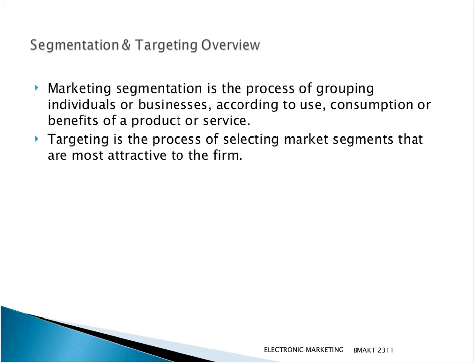So let's talk about segmentation and targeting overview more and see what's going on. Marketing segmentation is the process of grouping individual businesses according to use, consumption, or benefits of a product or service. For example, you can simply categorize your market into male or female, or age differences, or ethnicity differences.